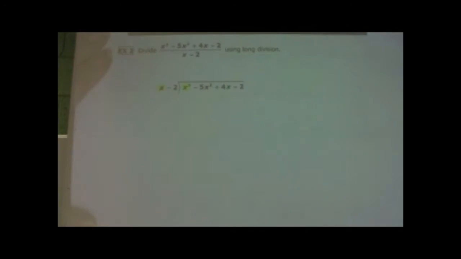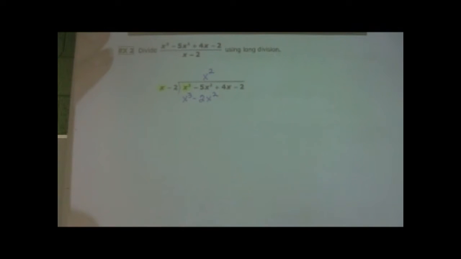Okay, first of all, I'm going to take a look at this and this. What do I need to multiply this by to get it to be x to the third? And the answer to that would be I need to multiply it by an x squared. So I'm going to go to my x squared term up here and write x squared.